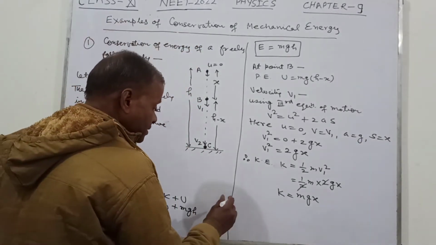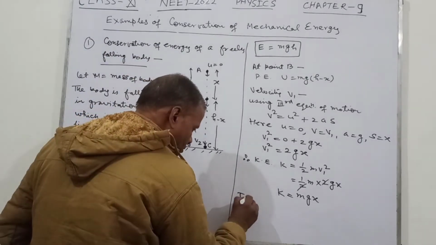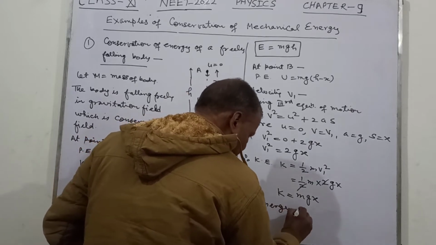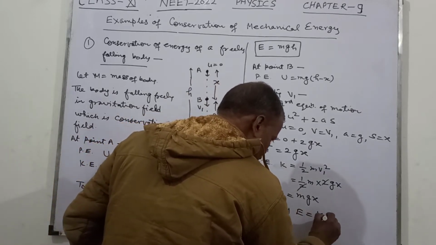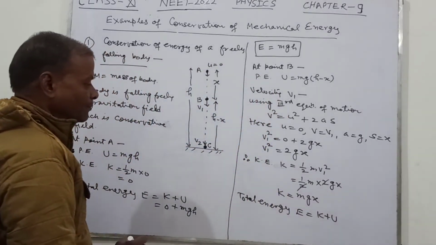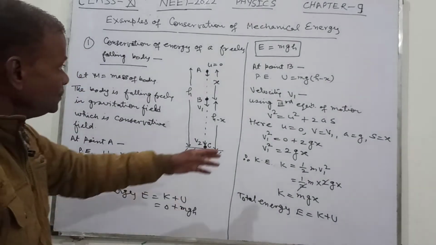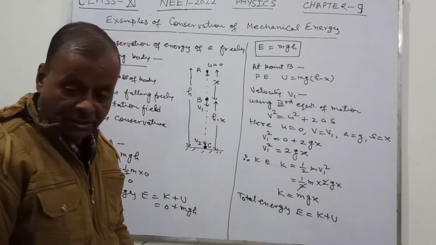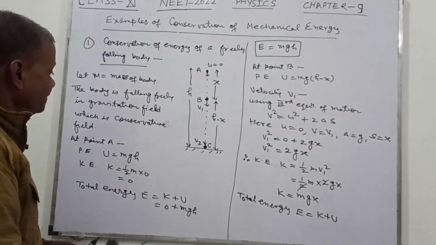So total energy is how much? Total energy E equal to K plus U. Now you sum this K equal to mgx and U equal to mg into h minus x.